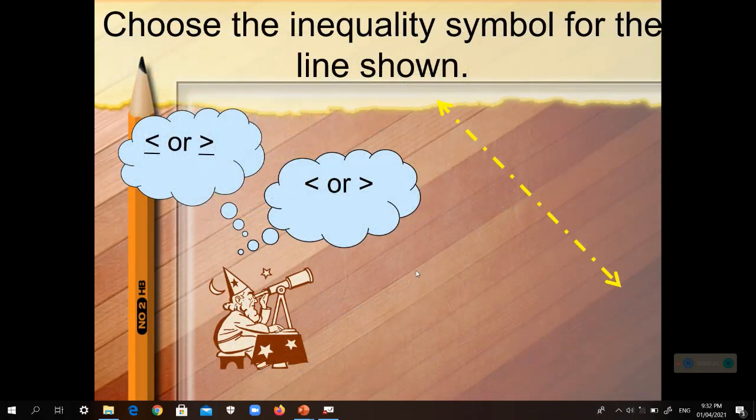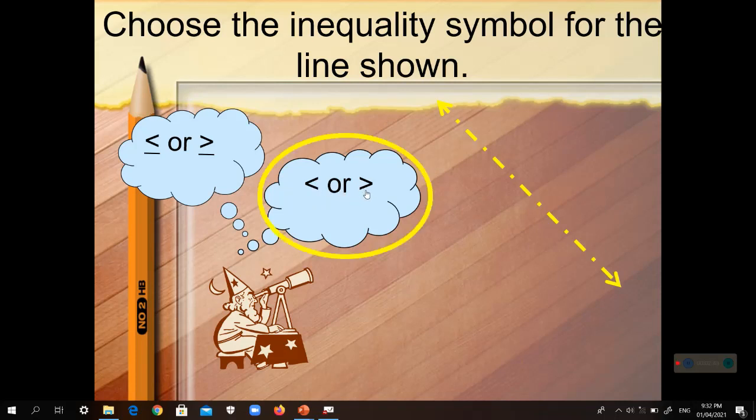Okay. Now choose the inequality symbol for the line shown. We have here this one. Which symbol should be given for you to use this line? Is it less than or equal to, greater than or equal to, less than, or greater than?